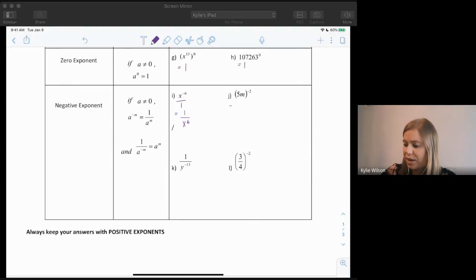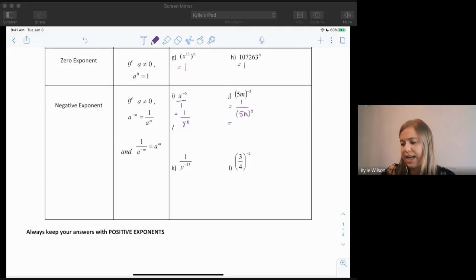Let's try this next one. So we have 5m all to the power of -2. In order to write this with a positive exponent, we need to move it to the other side of the fraction, and then we just change the sign on our exponent.